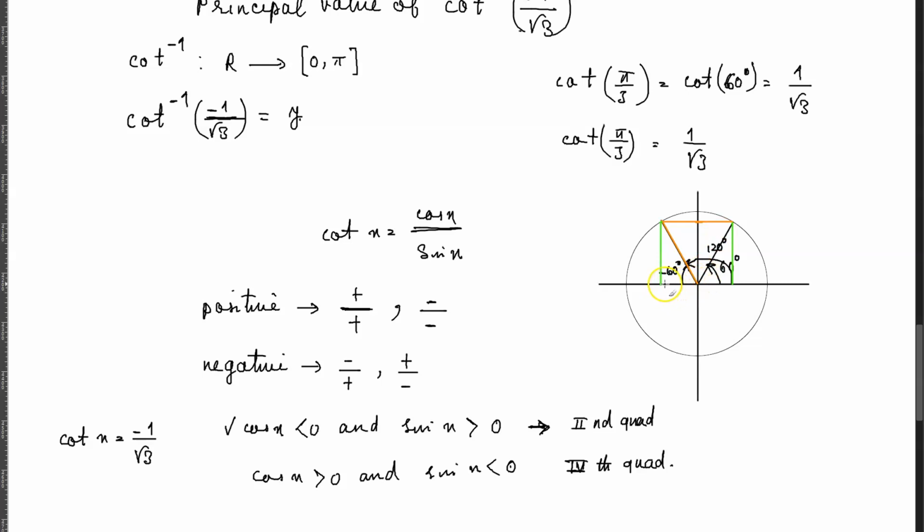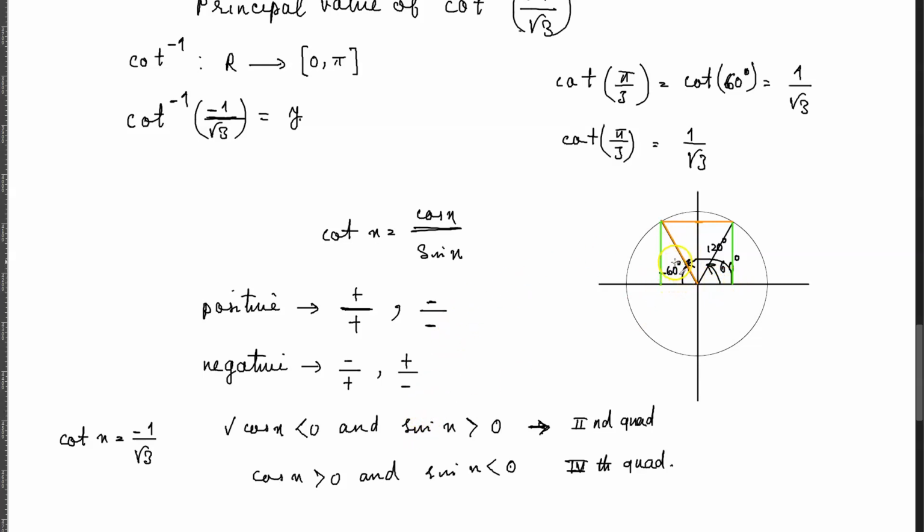The cos of that angle has the same absolute value, ignoring the sign, but it has an opposite sign, meaning that this cos value is positive, this cos value is negative, right?